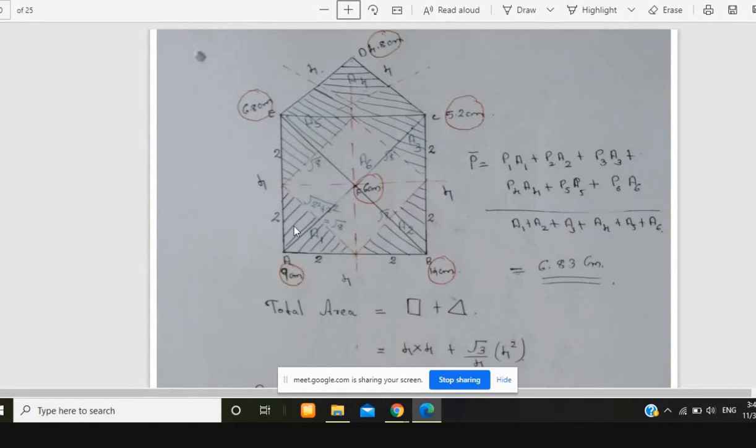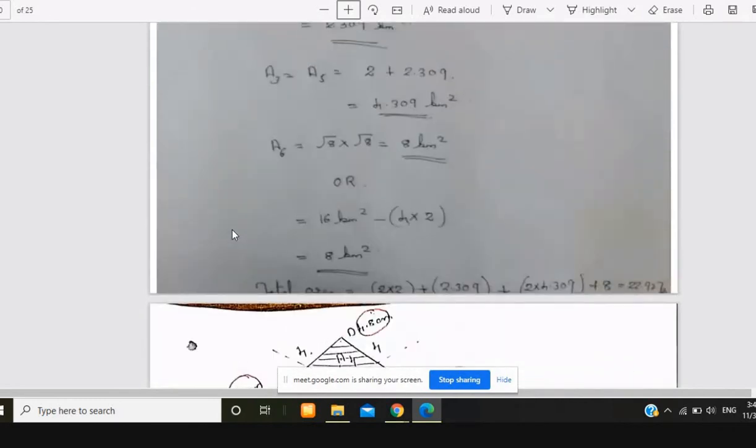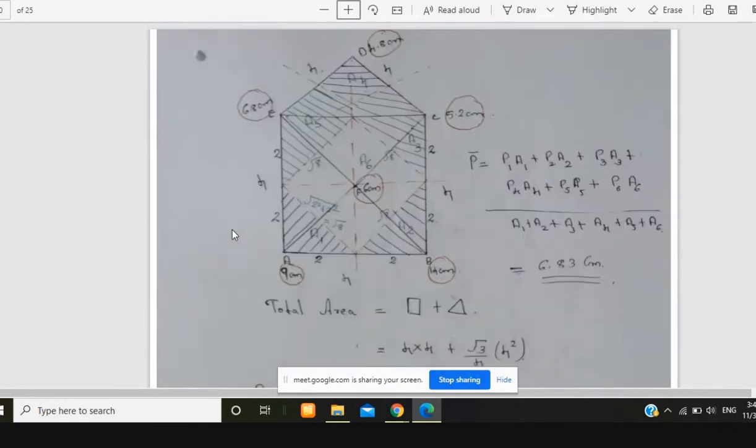So by subtracting those 4 parts, we can get the value of the square, that is 16 minus 4 into 2 kilometer square. So the answer will be 8. Whichever is comfortable to you, you can select that method. Finally, by applying this equation, you will get the value as 6.83 centimeter.